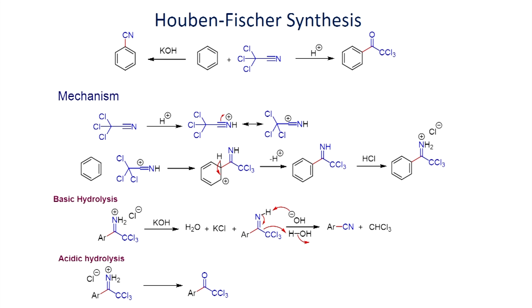Here the Houben-Fischer synthesis is shown, where you can see the aromatic ring can readily undergo a reaction with trichloroacetonitrile. In the presence of acid, it can give the ketone as the product. On the other hand, with base, it can be converted into the corresponding nitrile as the product.